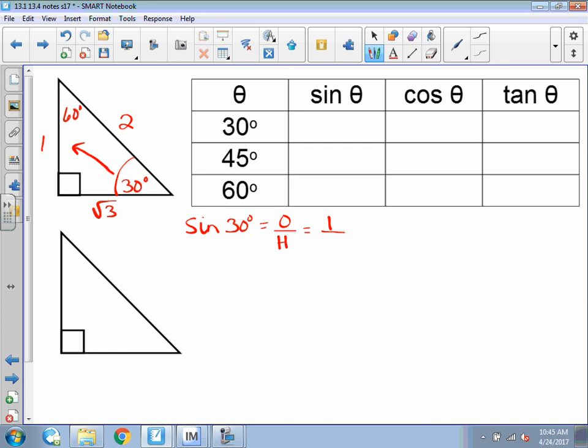And the hypotenuse is 2. So 1/2. So sine of 30 degrees is equal to 1/2. And if you actually calculate that in your calculator, you'll do sine of 30 degrees equals, and it'll say 0.5.